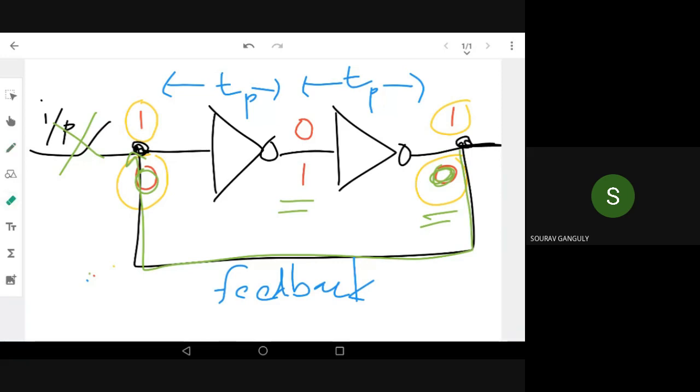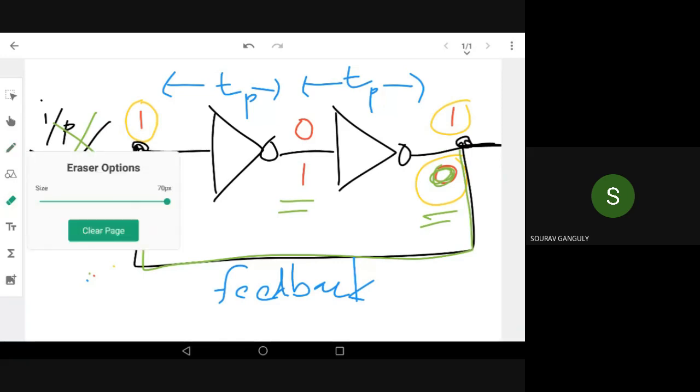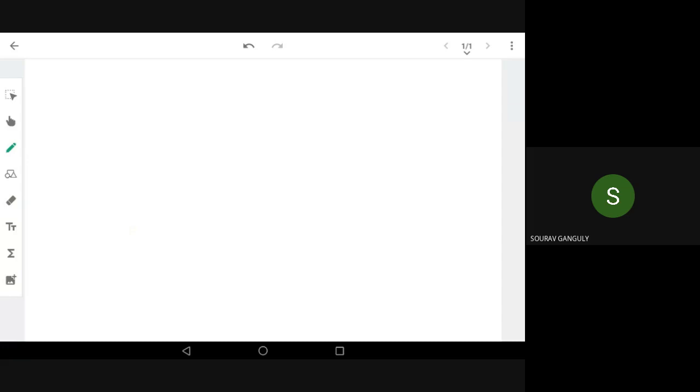Now this is the circuit of the SRAM cell, which we will discuss later. You already know how many MOS gates you need for one inverter. So this is one inverter with the top PMOS and bottom NMOS.